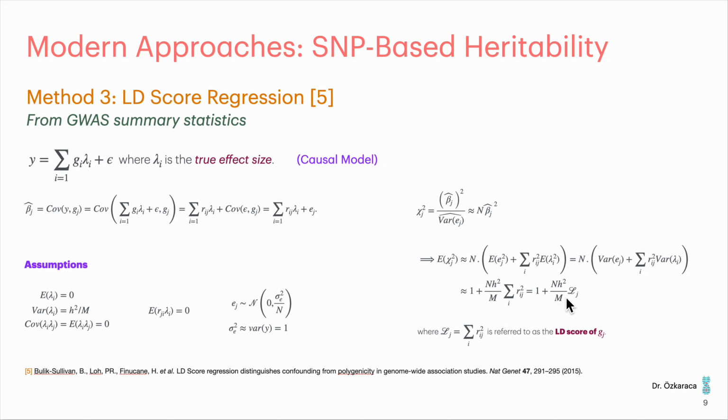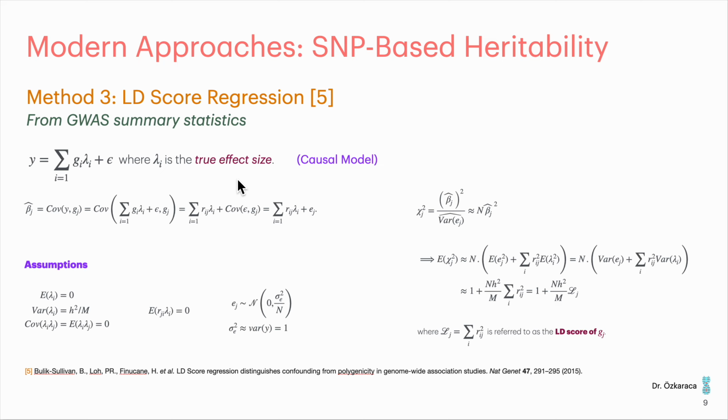In other words, the expected chi-square value is given by this formula: 1 plus N h squared divided by M times L_j, which is referred to as the LD score of genotype j, and this can be calculated or obtained from pre-calculated models. I should also add that for simplicity, I have not included fixed effect components in these models because it's already a complicated model.